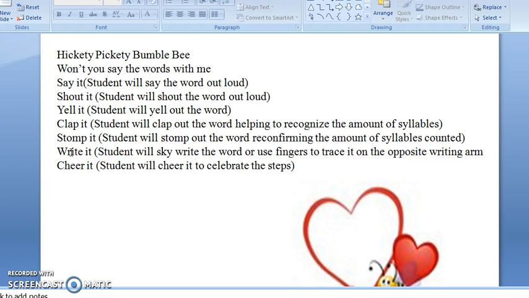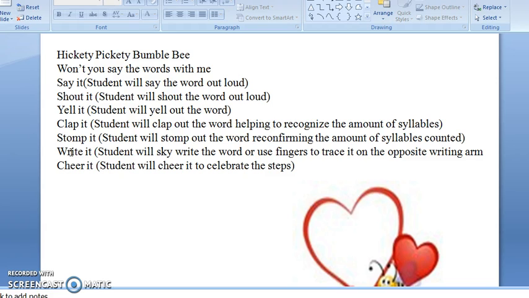If they write with their left hand, they hold out their right forearm. And they use the finger on the hand that they write with, and they just touch their forearm and trace the letters into their forearm. And then lastly, we cheer it. When we cheer it, we're just symbolizing that we went through all the steps, that we have a knowledge of the word, and we can move on to our next word.